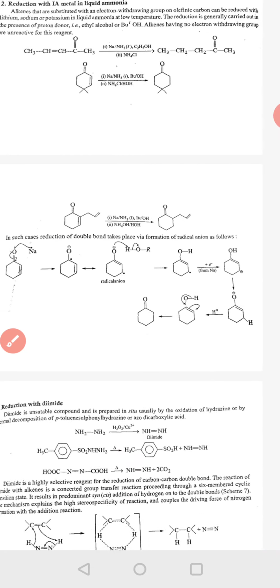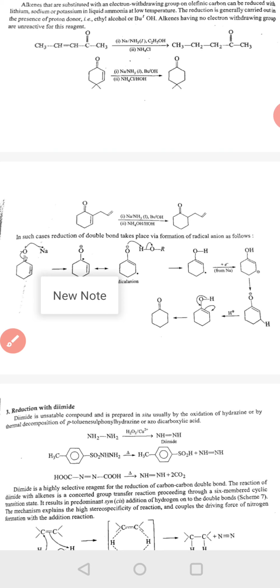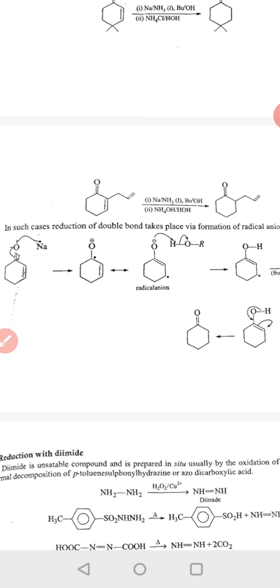Next we will talk about the mechanism of this reaction. In these cases, reduction of the double bond takes place via formation of a radical anion. Here the transfer of electrons occurs. We have talked about this when we started the chapter. Here the reduction occurs through transfer of electrons.